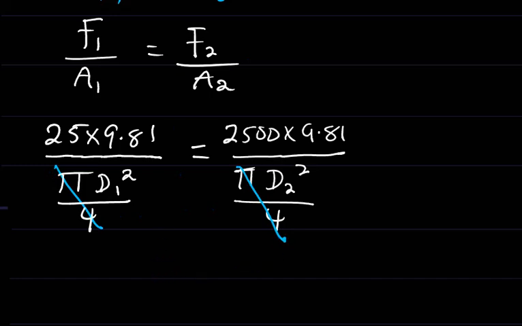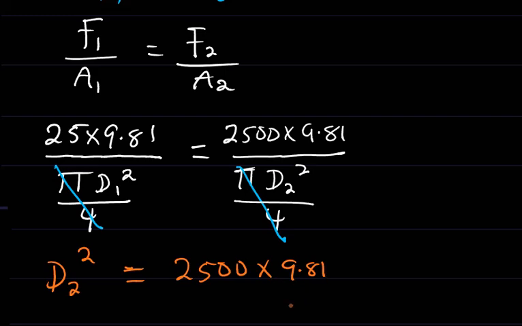Since I'm looking for d2, I can make d2 the subject. So d2 square is going to be equal to, cross multiplying, 2500 times 9.81 divided by 25 times 9.81.